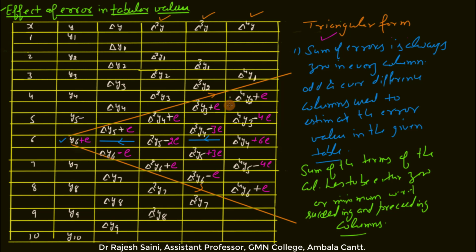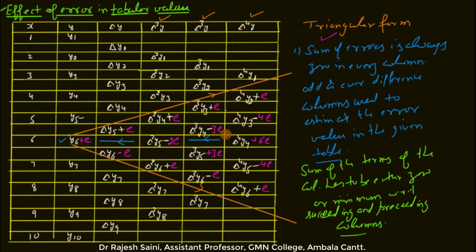So that is why when in any of the columns the sum becomes 0, that implies that the error sum is of course always 0. But if the overall sum is becoming 0 including the error, that means that these terms have also become 0, and that is only possible when the terms in the preceding column have become constant.